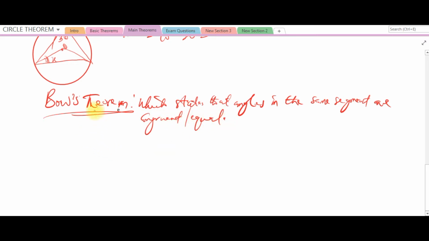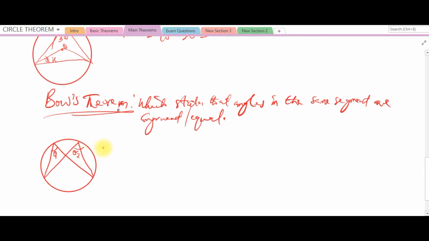So the theorem states that the angles in the same segment are equal. So assuming you have a circle, and you have theta 1, we have theta 2.